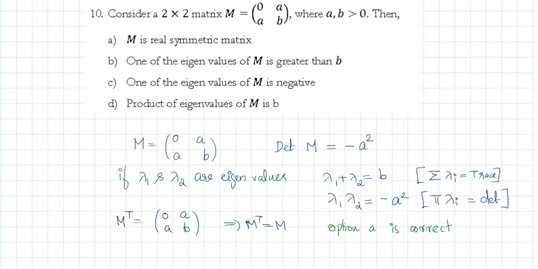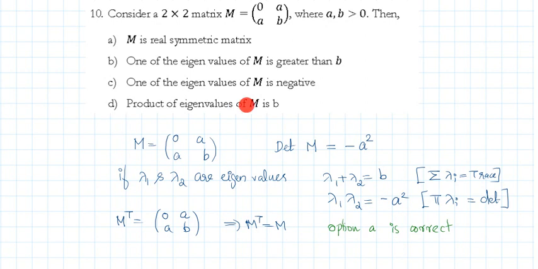This 2 by 2 matrix will have 2 eigenvalues, let them be lambda 1 and lambda 2. Then lambda 1 plus lambda 2 is B, because we have the familiar identity for any n by n matrix: sum of eigenvalues is equal to trace, and product of eigenvalues is equal to determinant. So using this identity, lambda 1 plus lambda 2 is B, lambda 1 lambda 2 is minus A square.